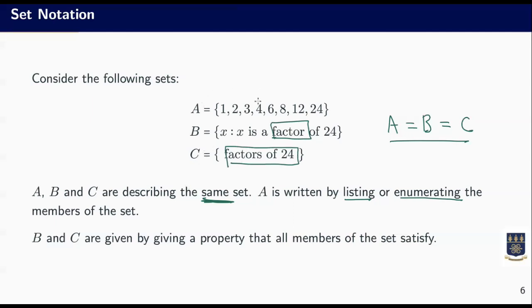In the case of A, we're going ahead to list the factors of 24, and all these sets are the same. And so set notation may vary. There are different ways in which you write them. Later on, when we are dealing with subsets of the set of real numbers, we may also add what we call interval notation. So we'll write them as the numbers between two numbers, one on the left, one on the right.